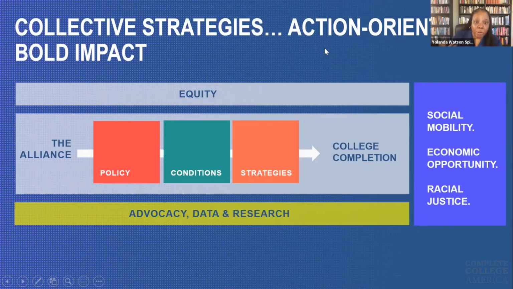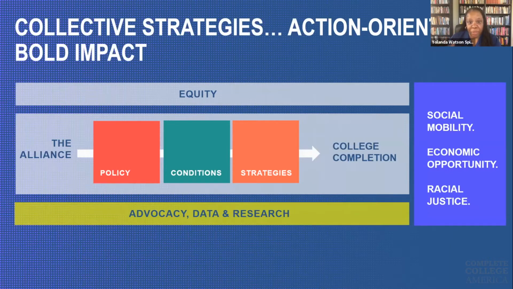We work in partnership, but we understand that this model that we've created is a model that we believe has served us very well in terms of being able to prove that what we're saying is important because of the data and the research that we have behind us, being able to share those data with the states and then to hold them accountable for what they say they want to achieve in terms of completion.